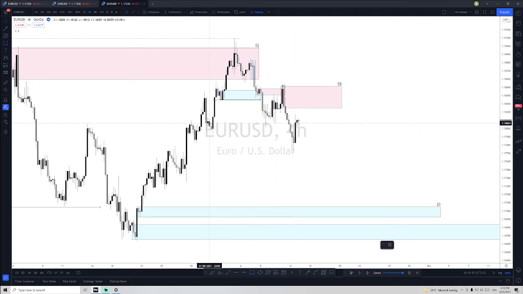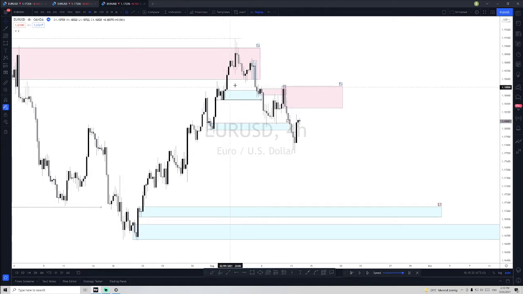Now we see that the market came to a certain area of demand and reacted off this level, which was again just a retracement trade to continue the current trend to the downside. So now we have stacking confirmations.